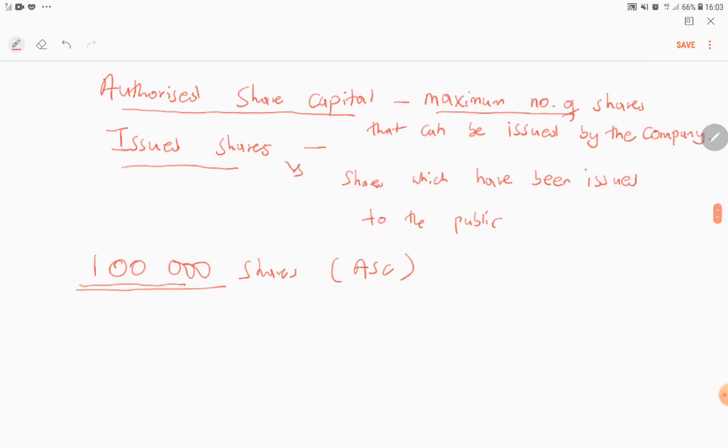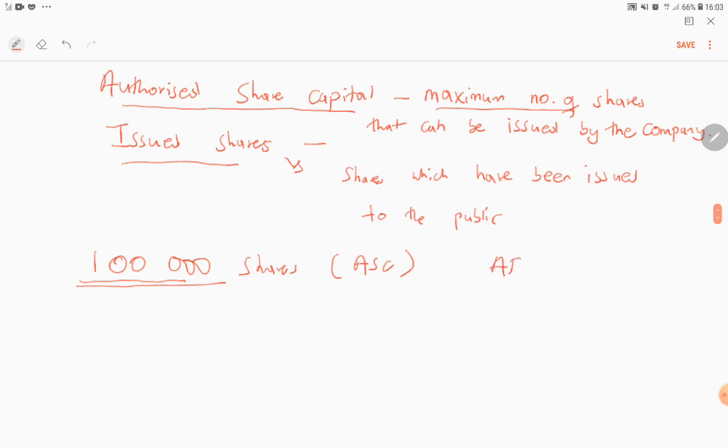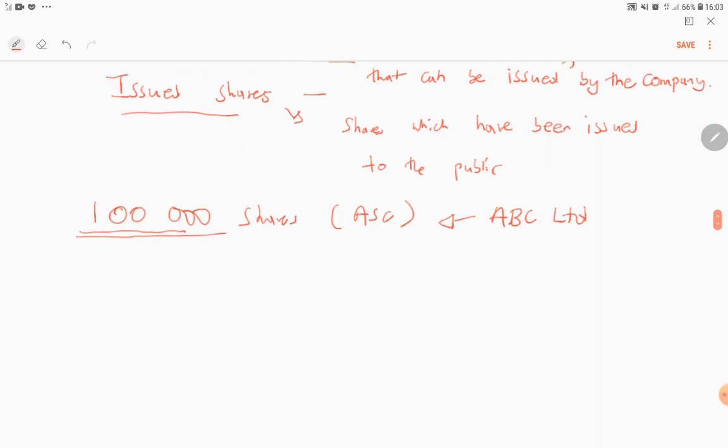So if a company, let's say ABC Limited as our example, has an authorized share capital of 100,000 shares, then it decides to issue 50,000 shares at 10 rands each. It issues them to the public. Let's say the prospectus stated that there are 50,000 shares available for issue, and all the shares are applied for by the public.